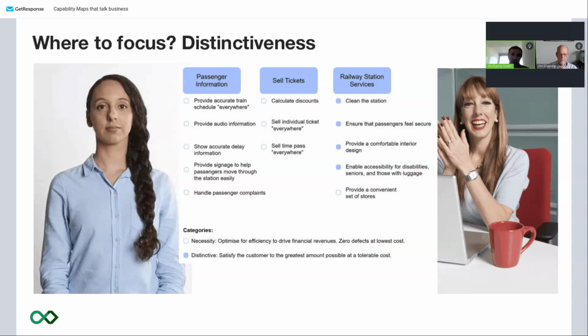Ensuring that passengers feel secure, providing a comfortable interior design, enabling accessibility for disability, that falls into these categories. But shops, no, not so much. So she agreed with Paola, having the best shops and the greatest variety of shops is not distinctive. We can have some shops, but that's not where we differentiate ourselves.